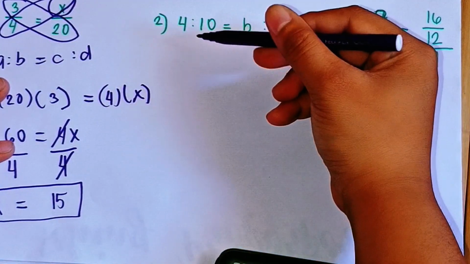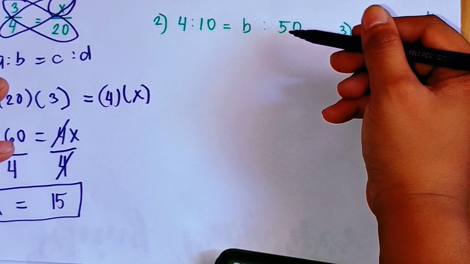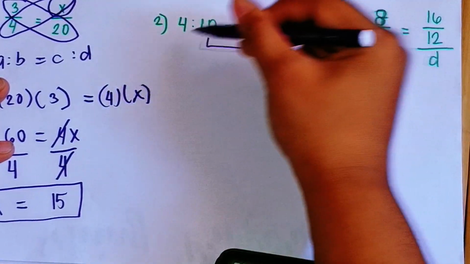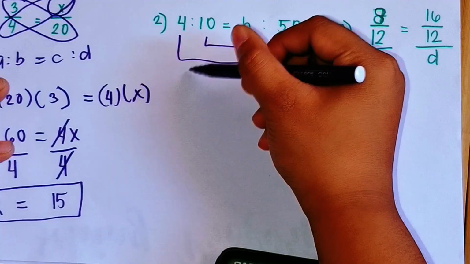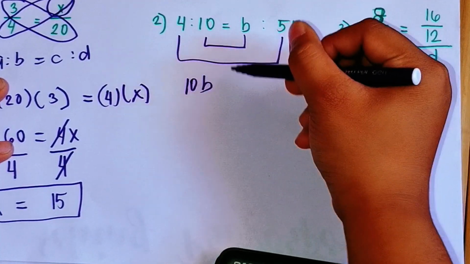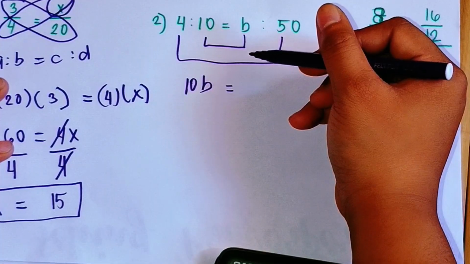For our number 2, we have 4 is to 10 equals b is to 50. Our means are here and our extremes are here. So we need to multiply the 10 and b. So we have 10b. And on the other side, we have 50 times 4.